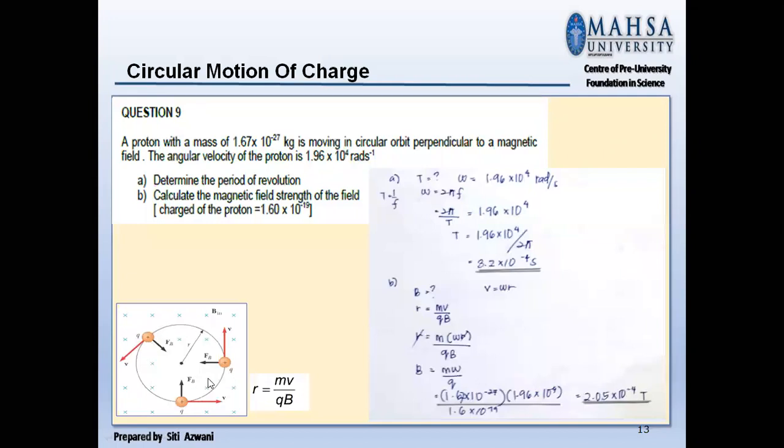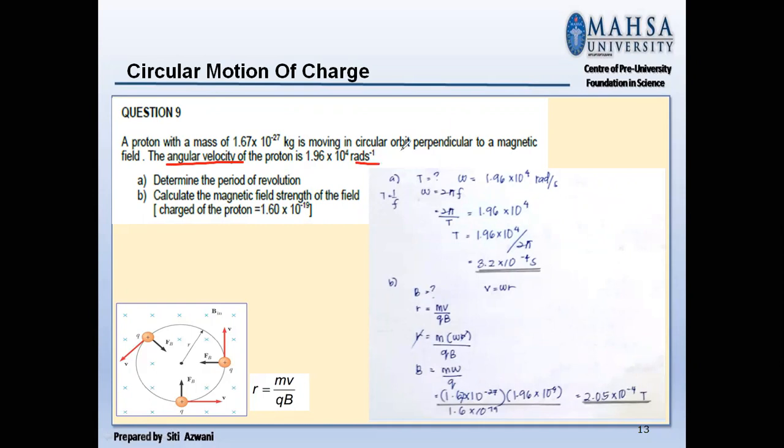Here you have a proton, your charged particle, moving in a circular orbit perpendicular to the magnetic field B. You have your angular velocity, omega, unit is radian per second. Do you remember or not? From physics 1, under rotational motion.